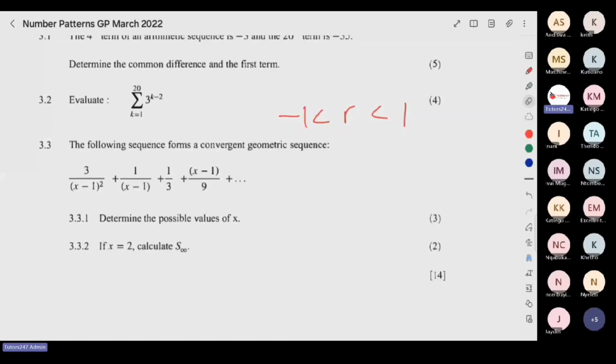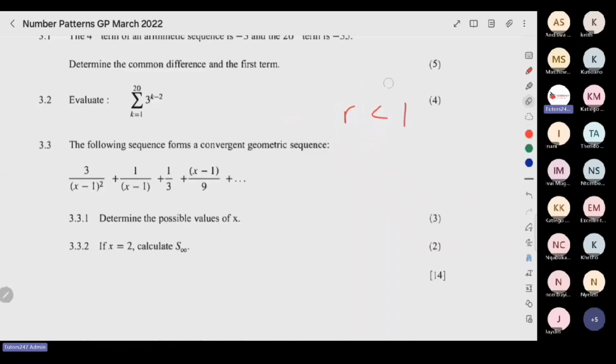Because they stated that it is convergent, we will find the value of R, substitute R into this inequality, and then solve for X. Those will be the possible values of X that will make this sequence convergent, okay?